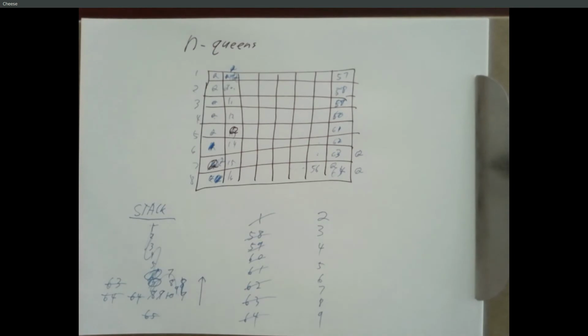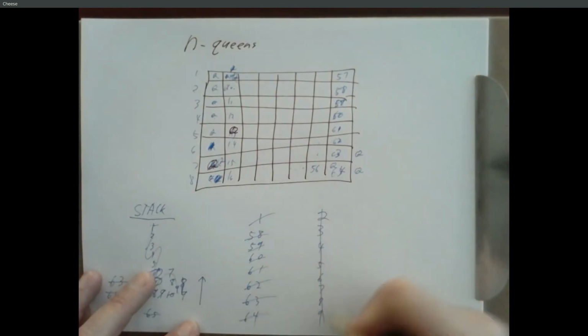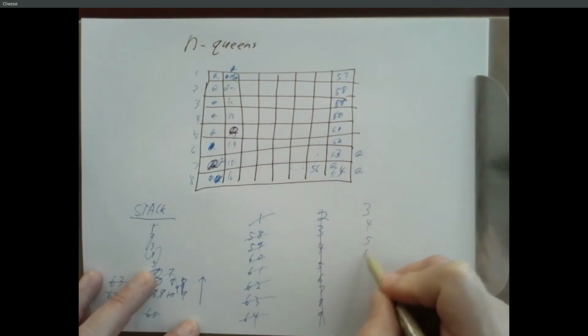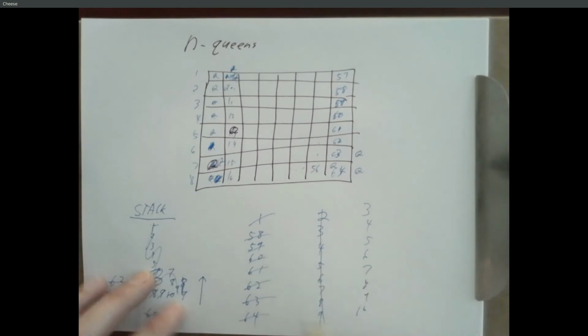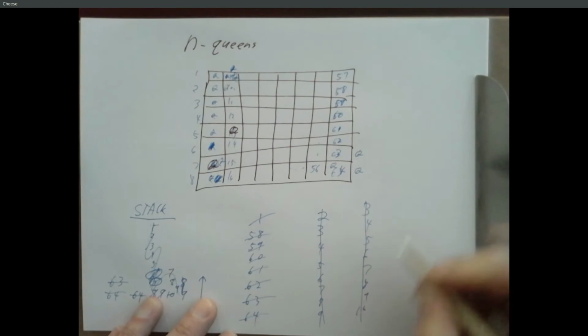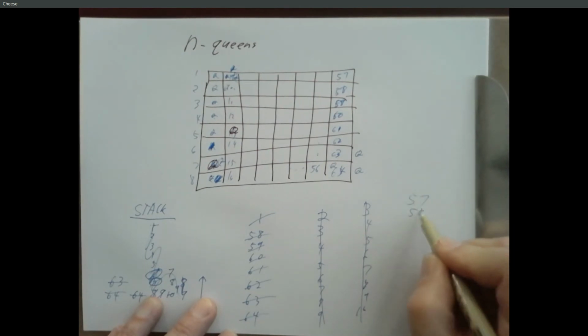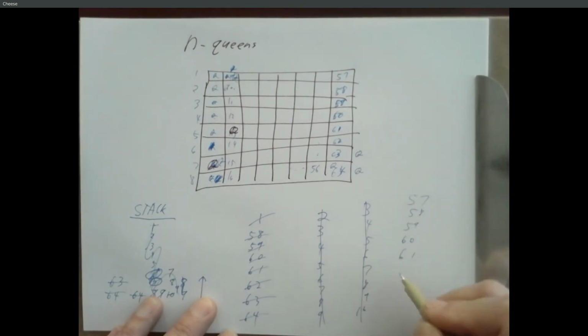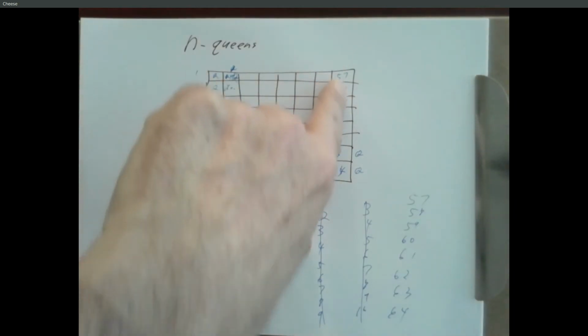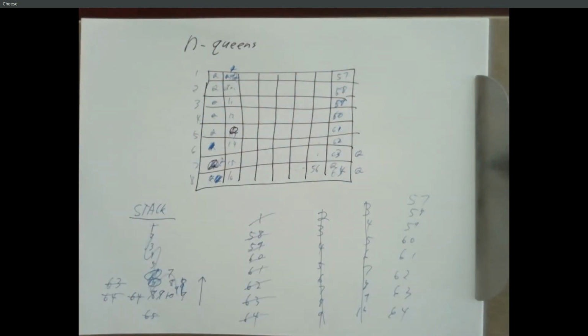And you go through the whole process, and eventually you'll pop that off and you'll come to a 3, where your first queen is in box 3. And you keep doing this until eventually your stack looks like this. Which is where your queens are all stacked up in this last column, and that's the last possible combination.